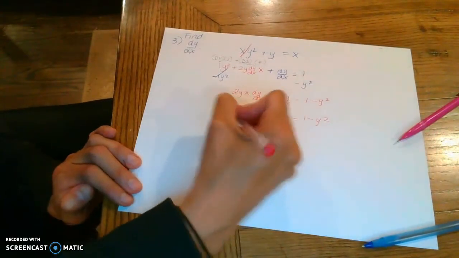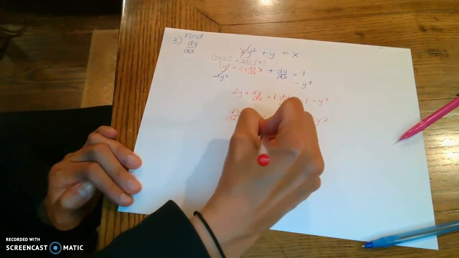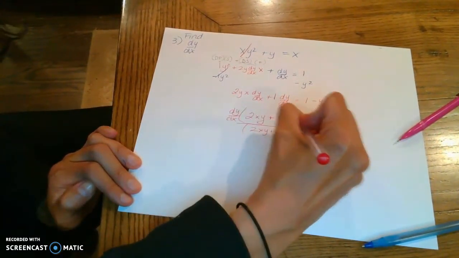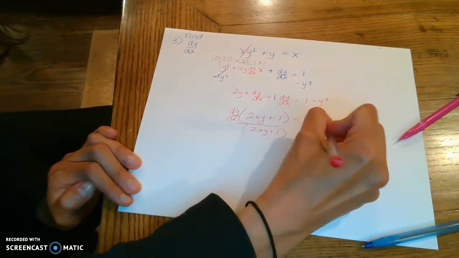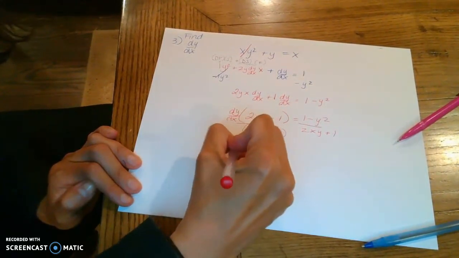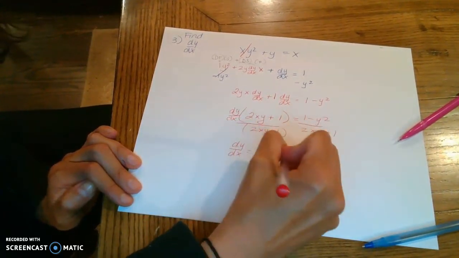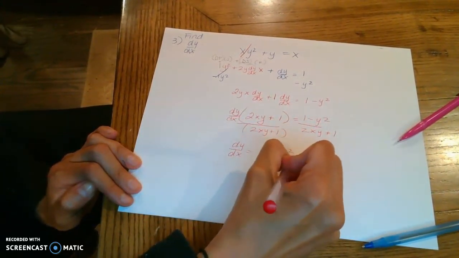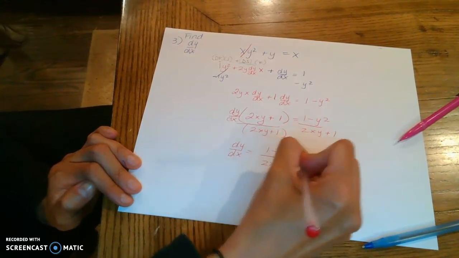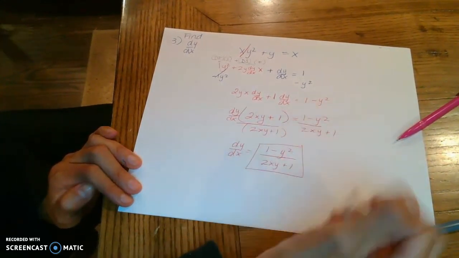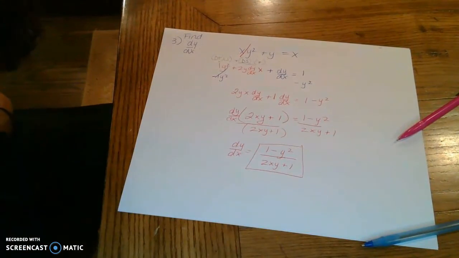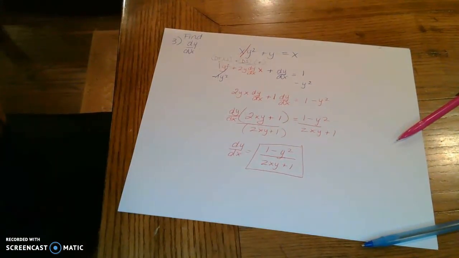And last but not least, solve for your dy dx. And you get dy dx is equal to 1 minus y squared over 2xy plus 1. And that's your answer.